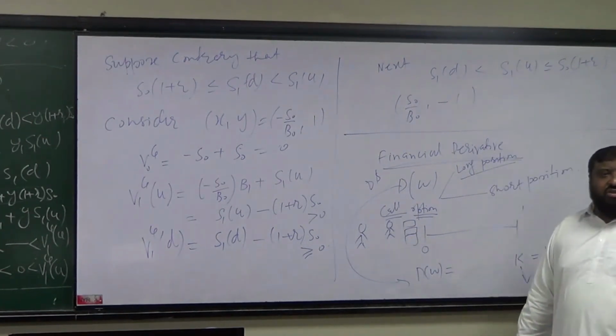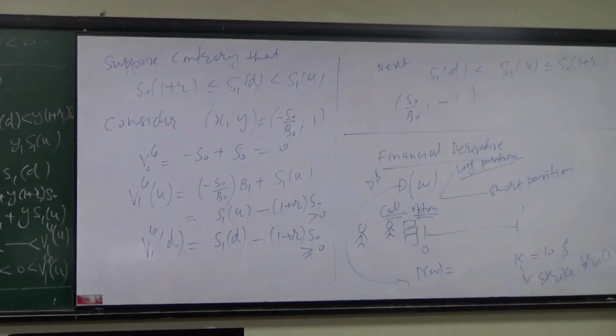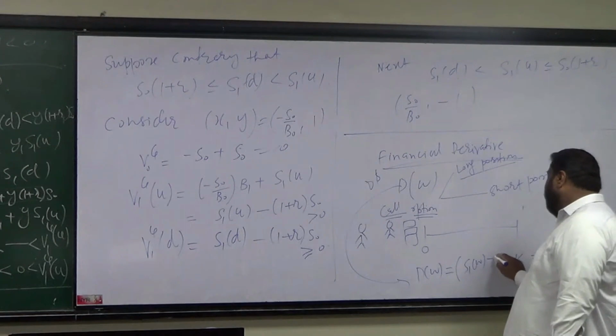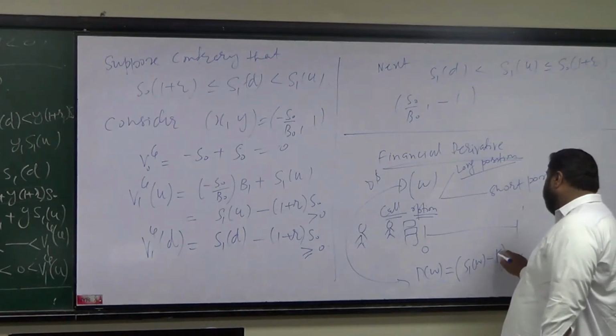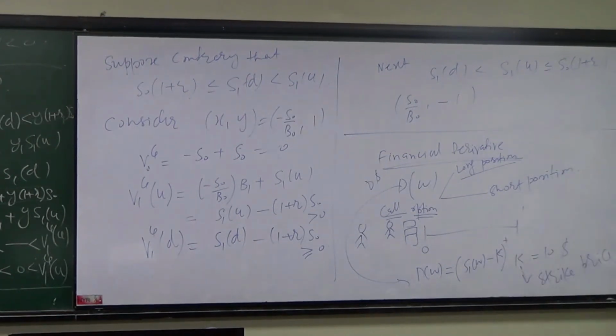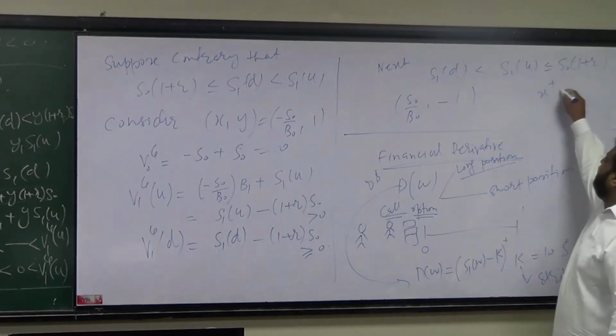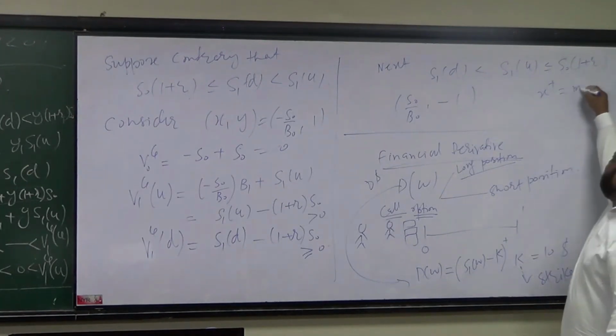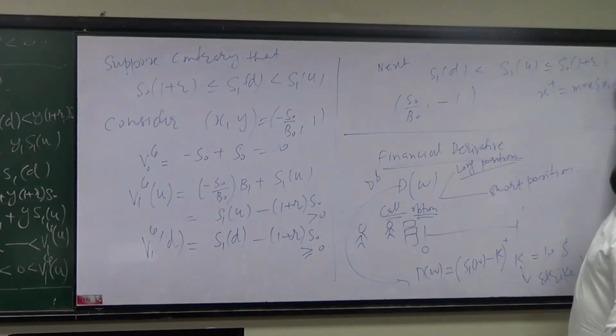I don't know what the payoff of this derivative is going to be, but I can write it as (S1 of omega minus K)+. Have you seen this, X plus? X plus means the maximum of X and 0.